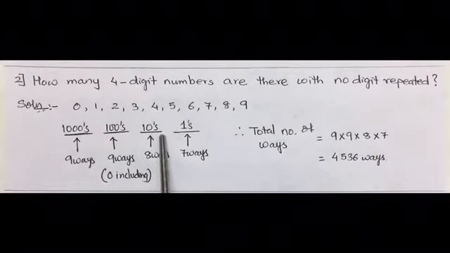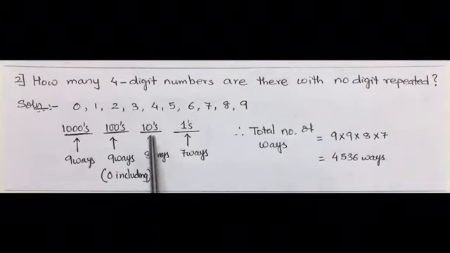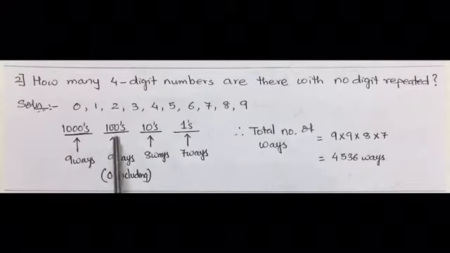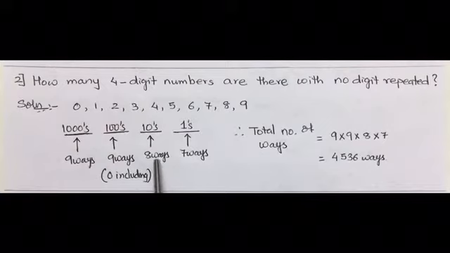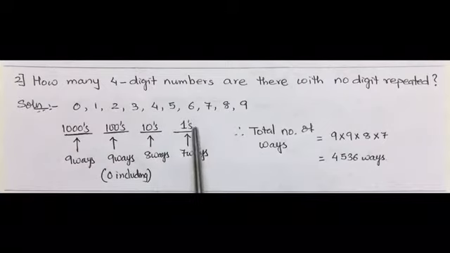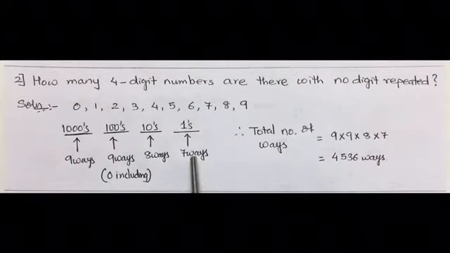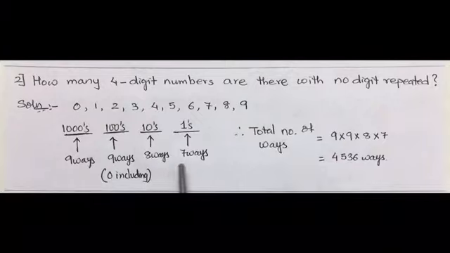Now when we move to arranging the tens place, 2 digits are already occupied in the first 2 places. So we have total now 8 objects. So that can be arranged in 8 ways. When we take the ones place, 3 objects are already arranged out of 10.